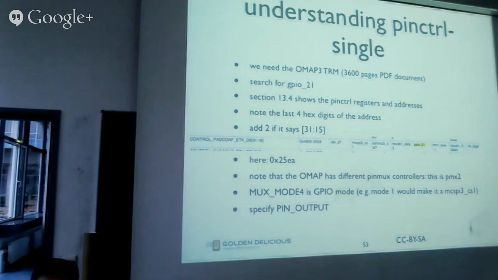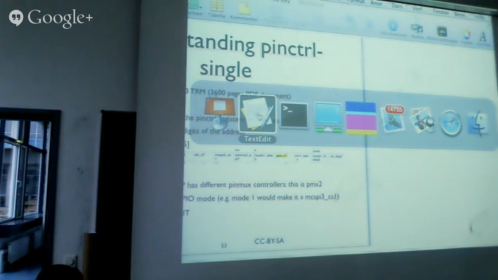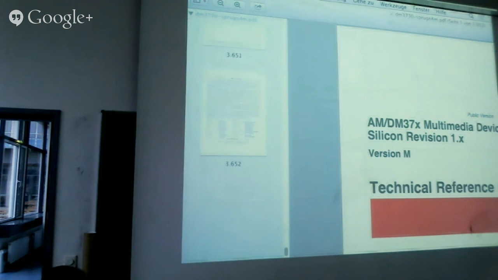So now we really have to dig into 3,600 pages of the OMAP3 technical reference manual, because we must search for the GPIO21. I've prepared that a little so that I already have it opened. Here it is, 3,600 pages.